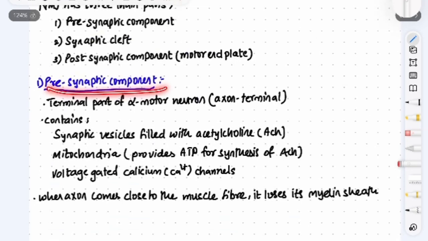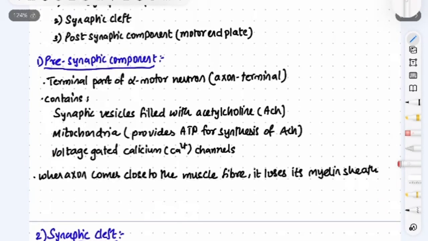The presynaptic component contains synaptic vesicles which are filled with acetylcholine. This acetylcholine is a neurotransmitter. It also contains mitochondria, which provide ATP for the synthesis of this acetylcholine, and it also contains voltage gated calcium channels. And the most important point to remember here is, when the axon comes close to the muscle fiber, it loses its myelin sheath.